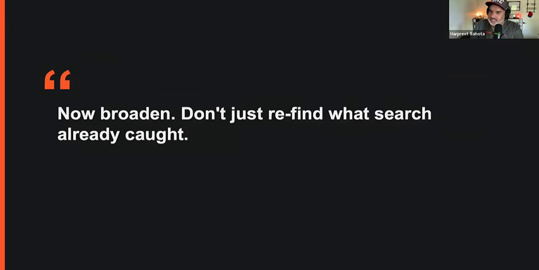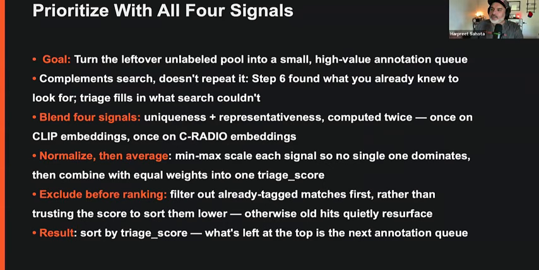Of course, this type of search does help you find more of what you already know to look for, but we need to prioritize what to look for. For that, as you'll see in the accompanying code that comes with this workshop, I create a blended score using the different uniqueness and representativeness values for CLIP and for C-RADIO.